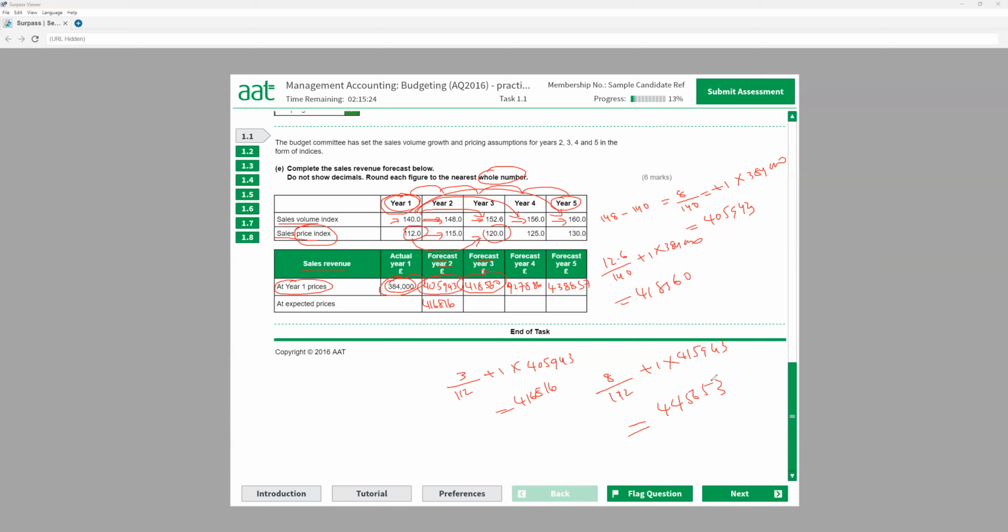So 8 divided by 112 plus 1, times the year 3 figure. Let's double check this one. Sorry, it has to be multiplied by the year 3 forecast, 418,560. So 8 divided by 112 plus 1, times 418,560, and that will give us 448,457.